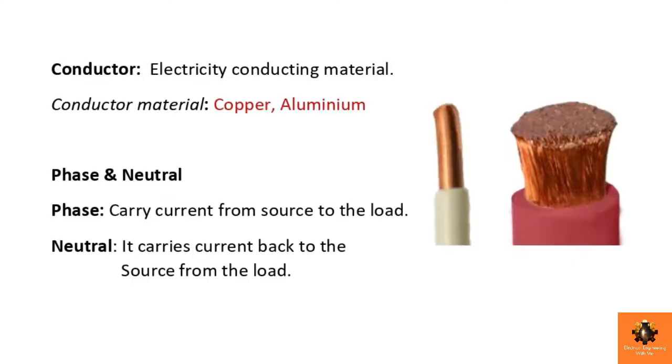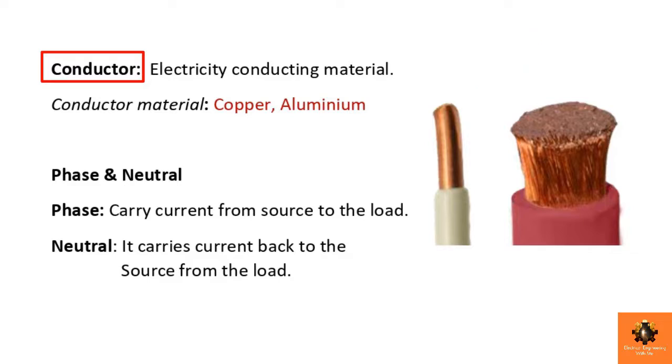Clear? Next, coming to the electrical conductors. An electrical conductor is a material that conducts electricity. To transmit electrical energy through a wire or cable, this metallic material is responsible. As this material has the capability to conduct electrical energy, that's why it is known as a conductor.